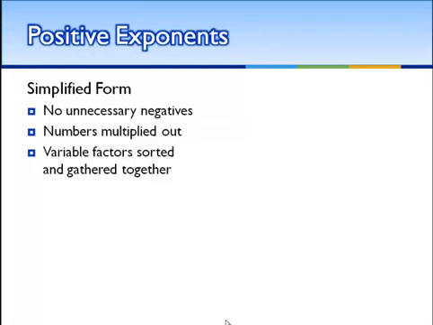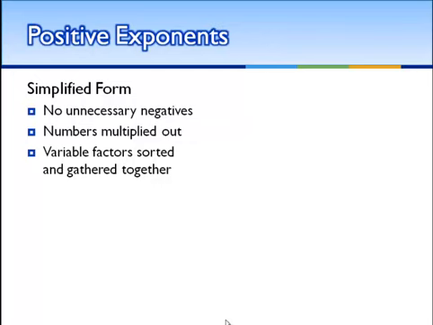Another part of simplified form is that any number factors need to be multiplied out. So instead of writing 3 to the fourth power, I should have done 3 times 3 is 9, times 3 is 27, times 3 is 81, and written that. Finally, any variable factors should be sorted, rearranged, and gathered together.